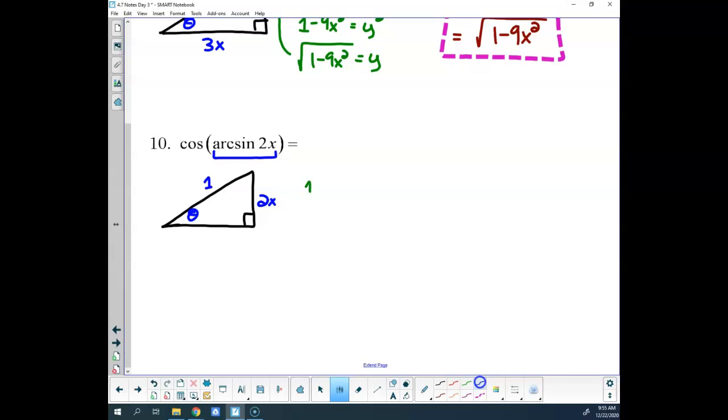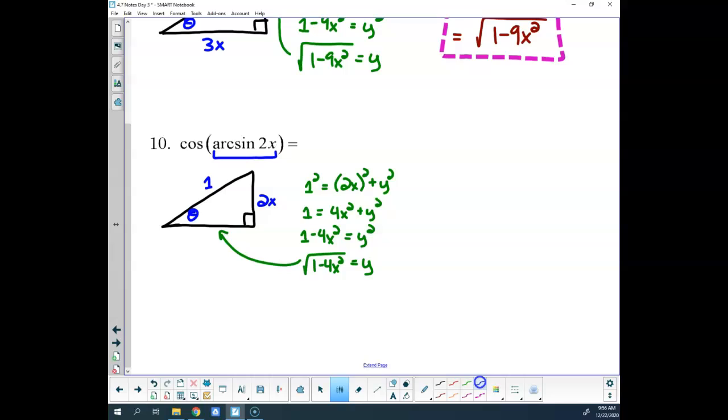So then we've got 1 squared is equal to 2x squared plus y squared. So 1 equals 4x squared plus y squared. Subtract 4x squared. Square root. And that, the positive one, is going to be here.